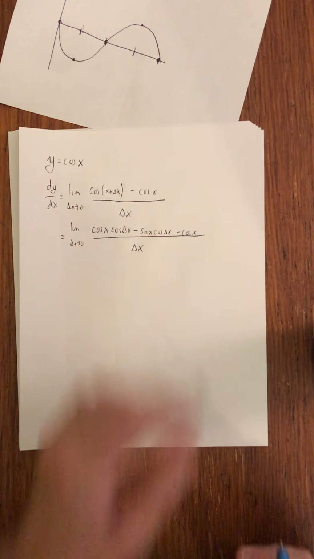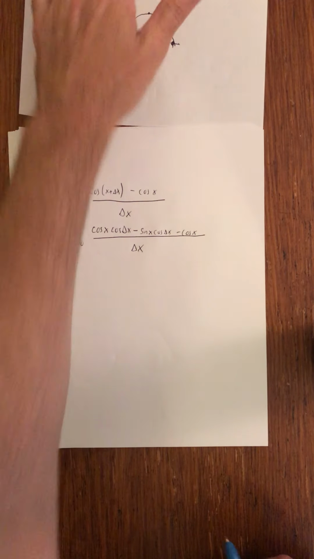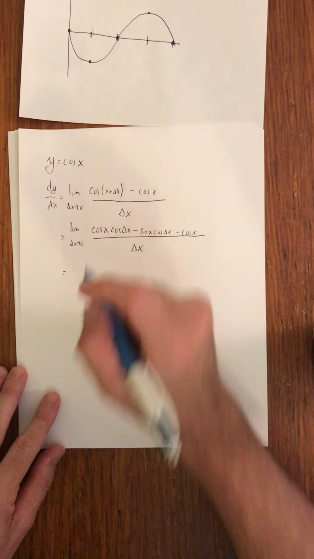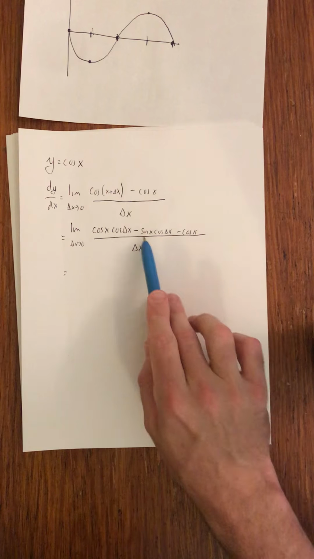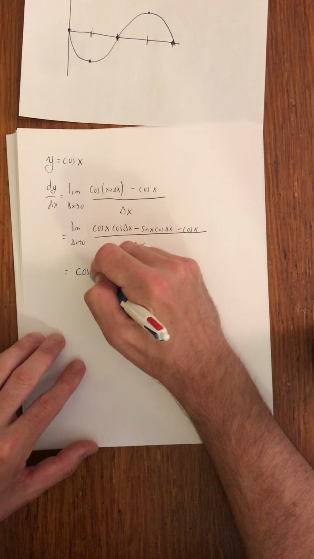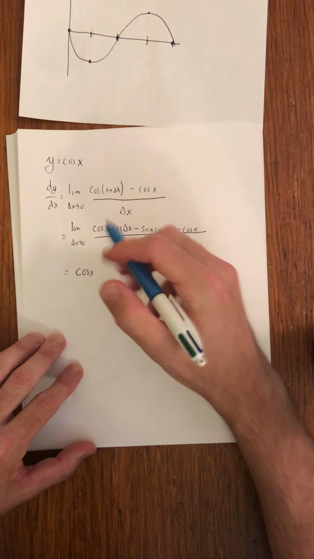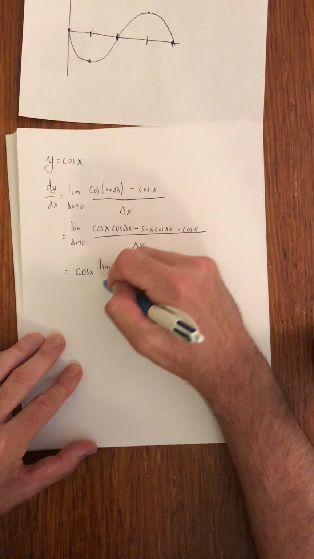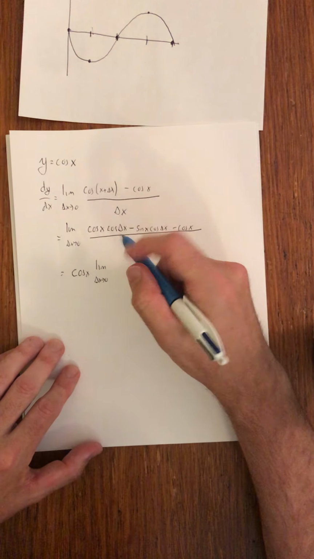Now, leaning on what we saw in the last video, we want to do that same grouping and distribution of the limit. So I've got to group by cosine and by sine. So here we go. I'm going to pull the cosine of x through the limit, because remember, the limit acts on the delta x terms, not on the x terms. So this is limit as delta x approaches 0 of, and what do I have left here?